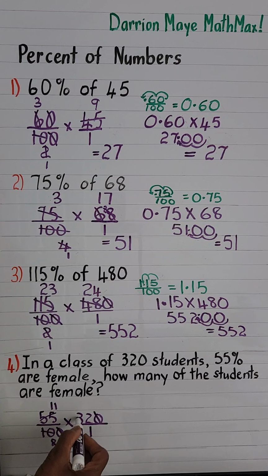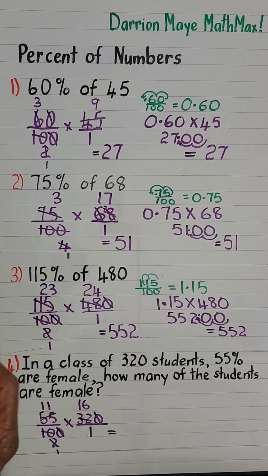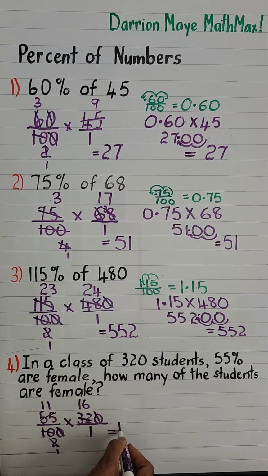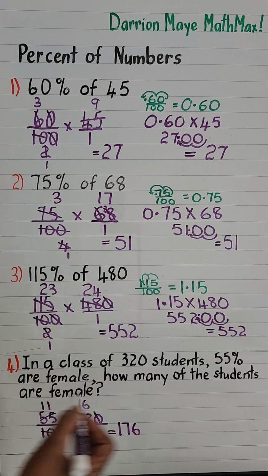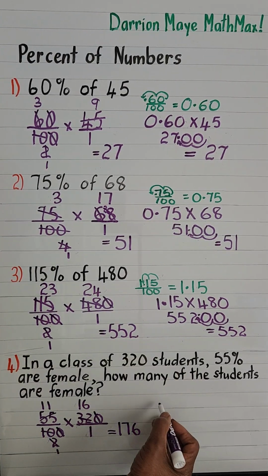This is 1, and this is 16. And 16 times 11 is equal to 176.